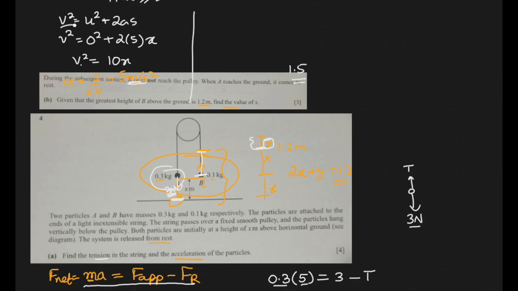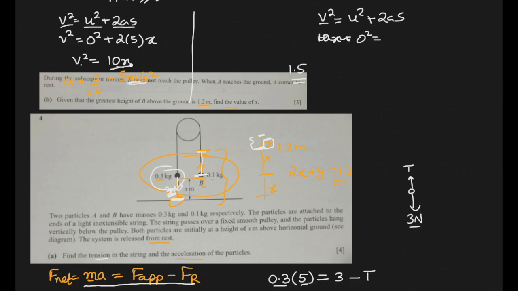So if I use the same equation again, V square equal to U square plus 2AS, I'm sorry, V square is not 10X, V square is 0 now. Why? Because it reached the top and will stop there. They said it did not reach the pulley fully, that it went somewhere and in between it stopped. That makes our final velocity 0 in this case.